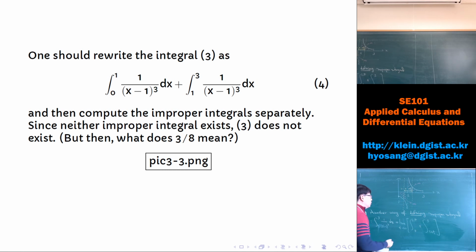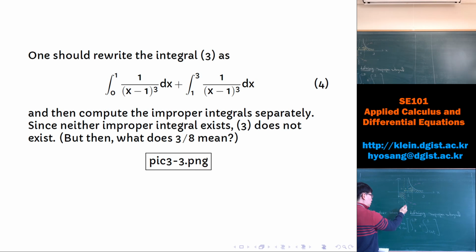So when t goes to 0, the sum of the areas from 0 to 1 minus t and 1 plus t to 3 approaches the original red area. The difference between the previous definition and this definition is that in the previous definition, we were sending the upper limit of the first integral to 1 independently of the lower limit of the second approaching 1.